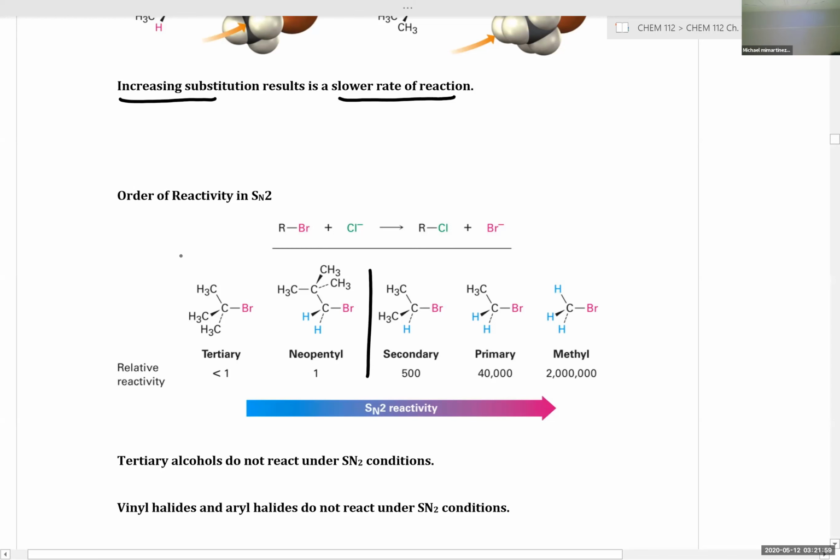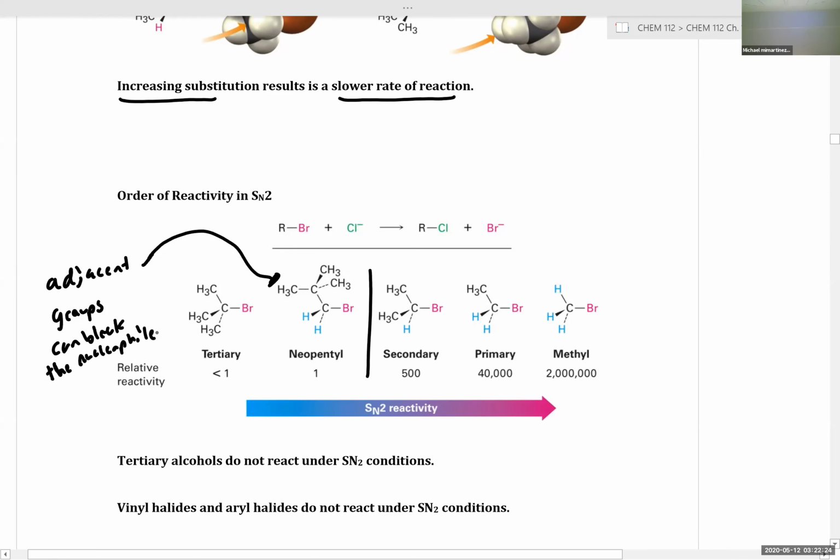Now, one thing I want you to bring your attention to is that in the neopentyl halide, adjacent steric groups can block the nucleophile.